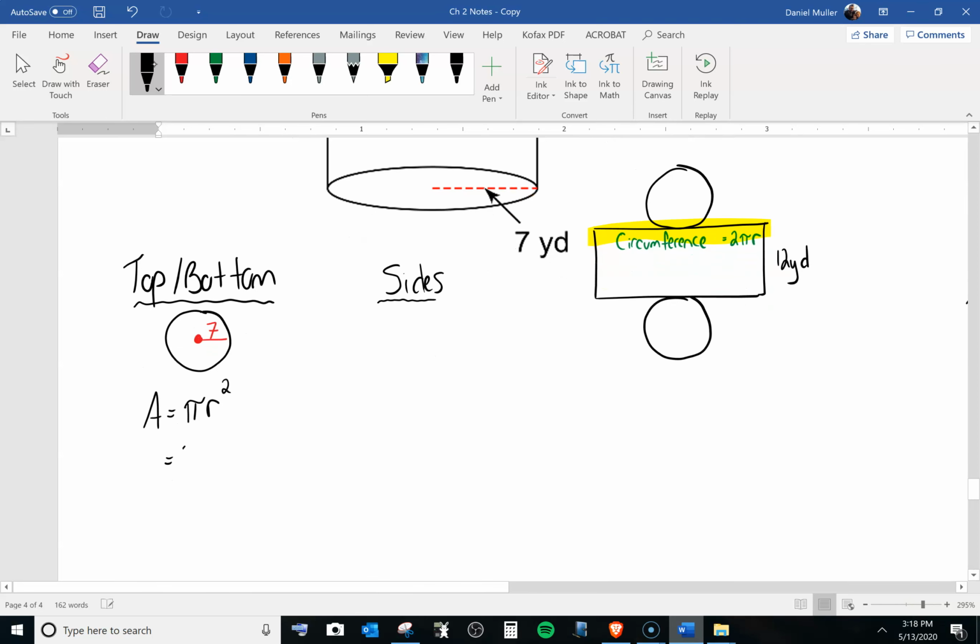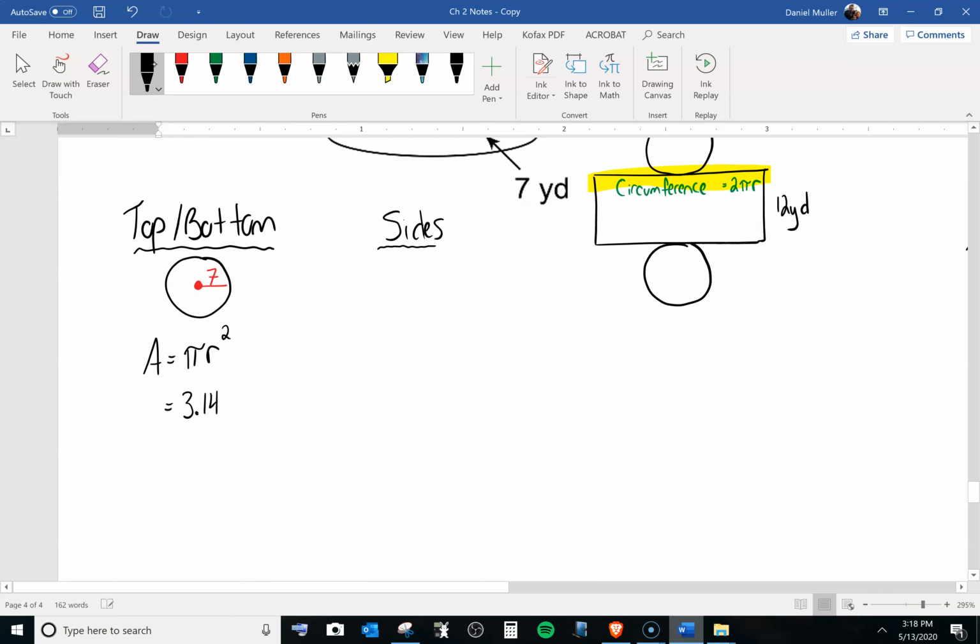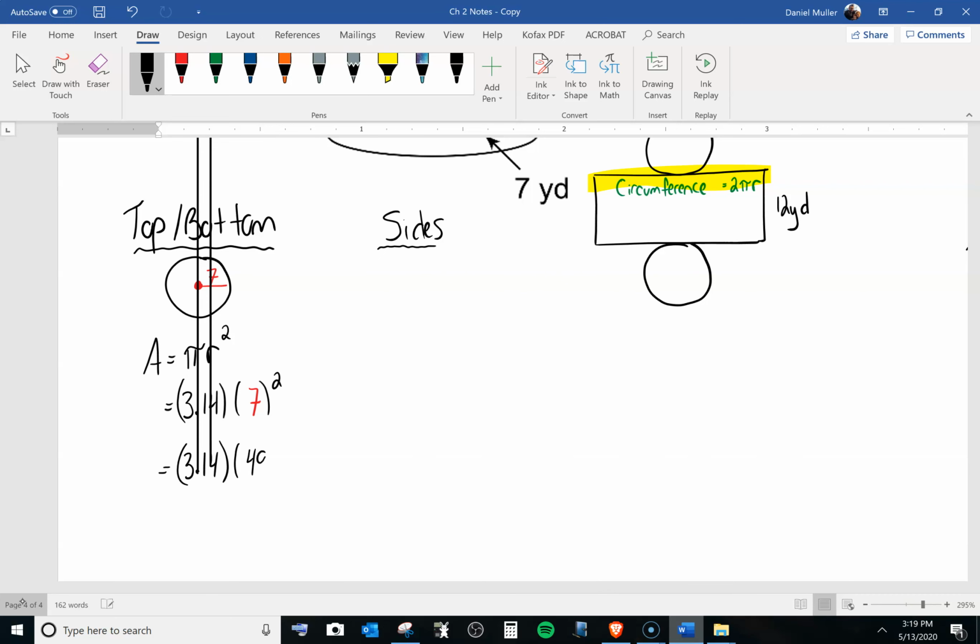Now we do know that pi is 3.14. That's what we're estimating it to be. And we're not going to be using a calculator, so we'll leave it like that. And the radius is 7, and we're going to square that. 3.14 times 7 squared. Now 7 squared is going to be 49, so 3.14 times 49.